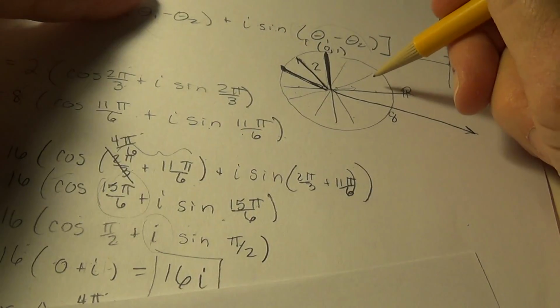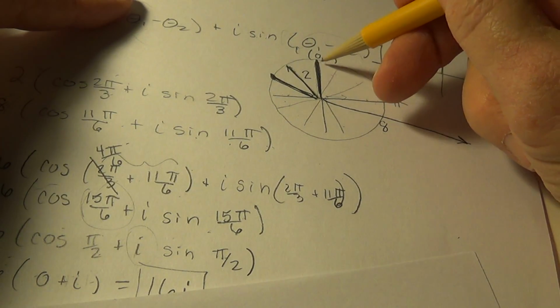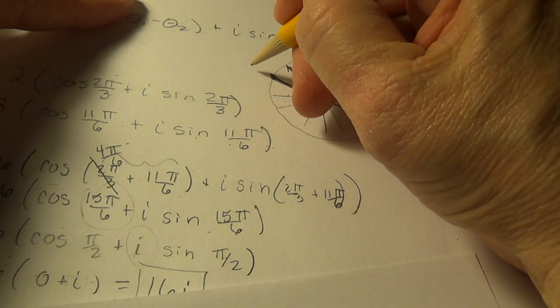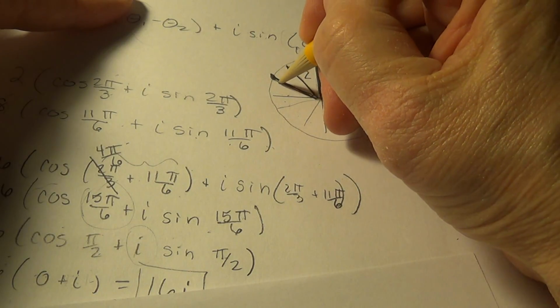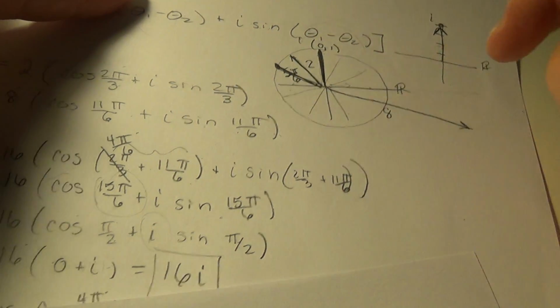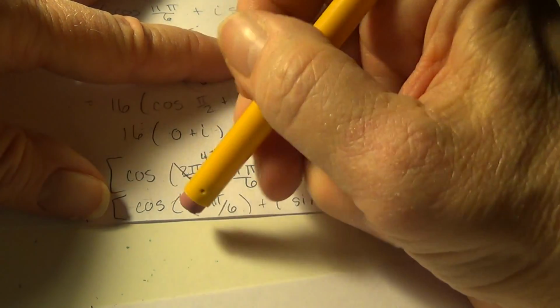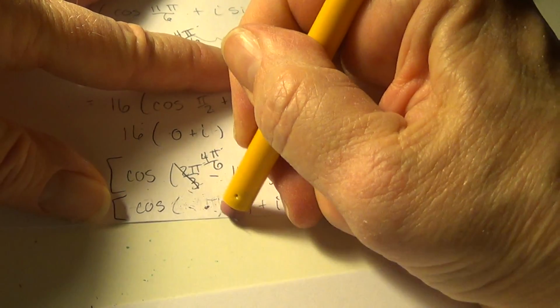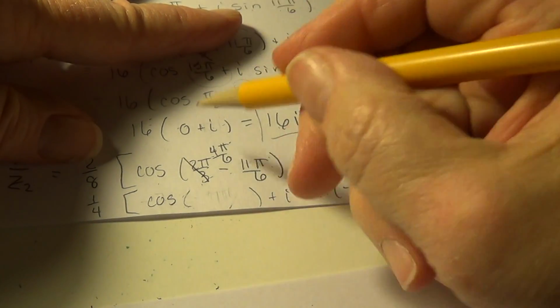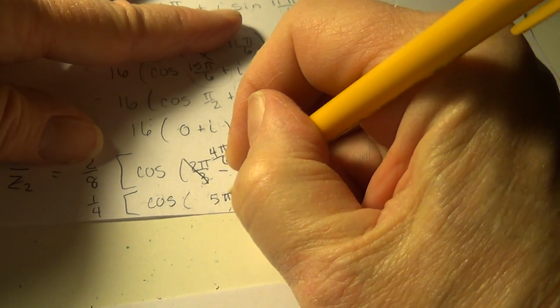And that in the positive direction is the same as 1, 2, 3, 4, 5 pi over 6. So this is 5 pi over 6. So I can change this minus 7 pi over 6 to a positive 5 pi over 6 because they're the same spot.